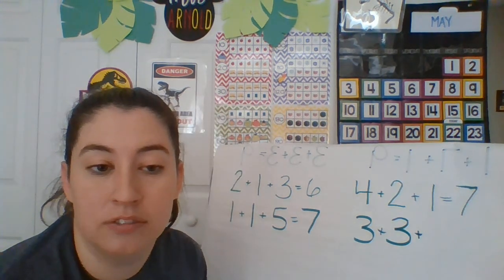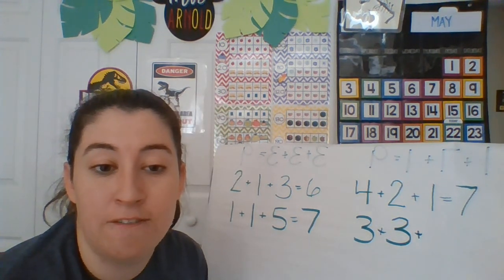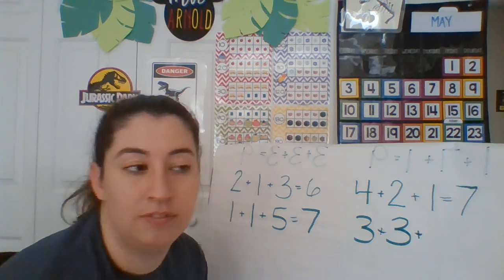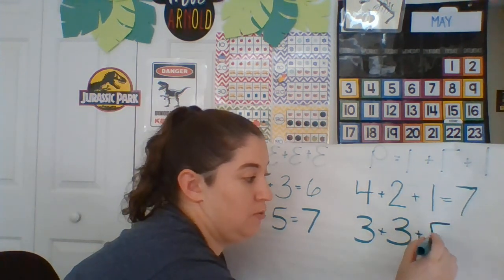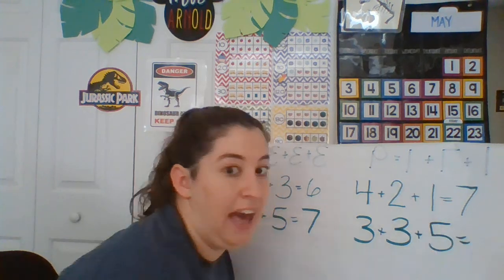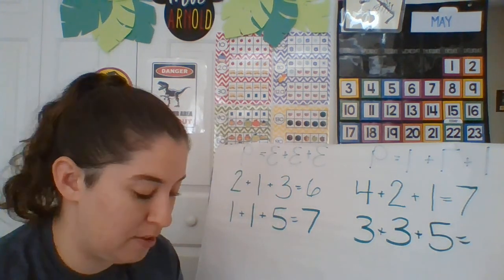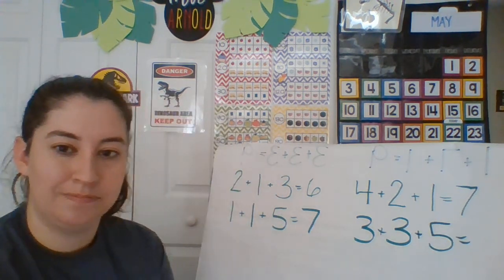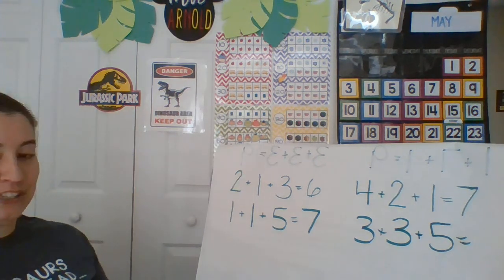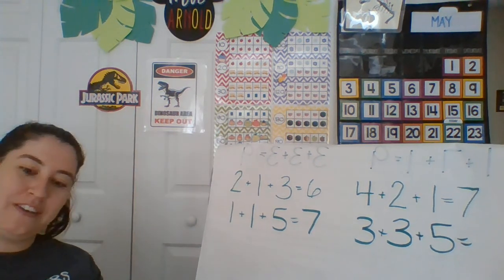And she saw 5 velociraptors. How many dinosaurs were outside playing on the playground? This one's going to be hard because you don't have enough fingers. I wonder how you're going to solve it.